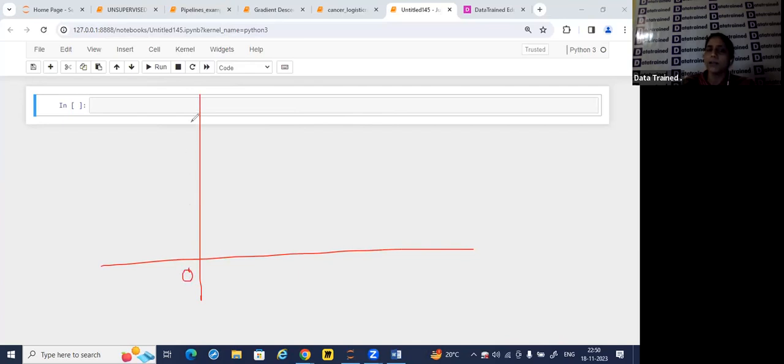Entropy is 0 when all of the values are the same, and entropy is 1 when the values are equally split.